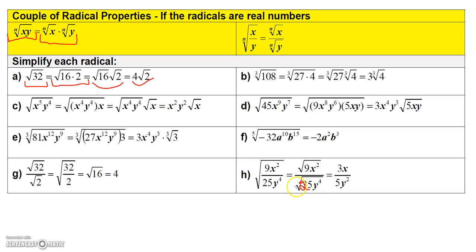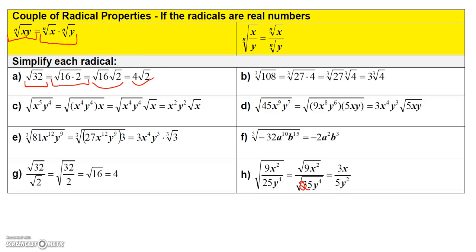There was a typo there, but that should be 25y to the 4th. So now I can take the square root of 9 and get 3, and the square root of x squared is x. And then the square root of 25 is 5, and the square root of y to the fourth is just y squared. And so those properties can help me simplify radicals.